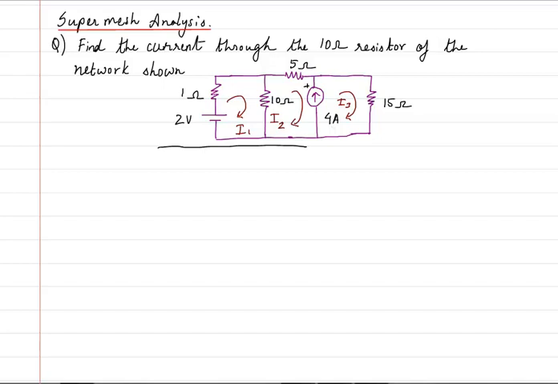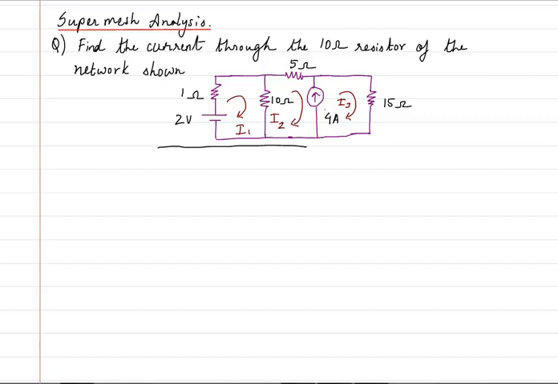So we will not be able to write any polarity, or any KVL equation for this second loop. Same is the case with the third mesh. Because of I3 I can write plus here, minus here, but what about the polarity or the voltage across the 4 ampere current source?